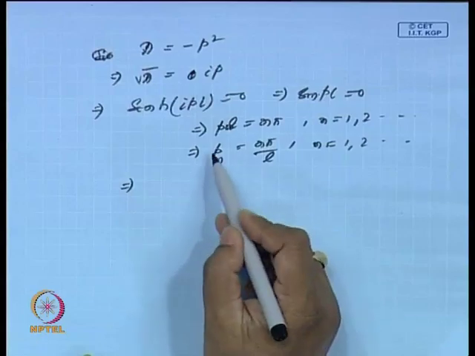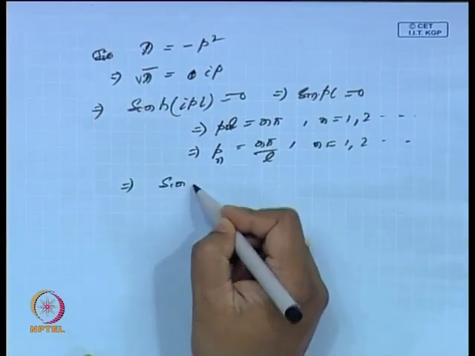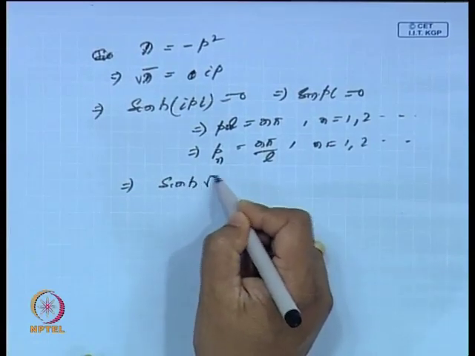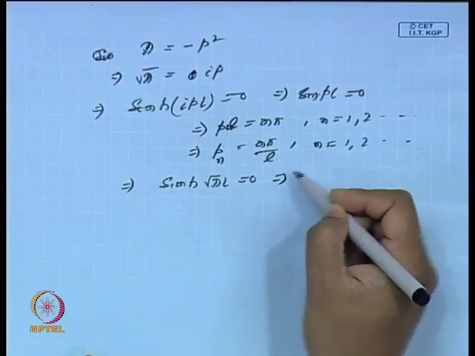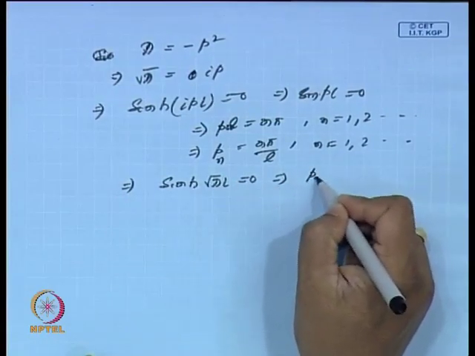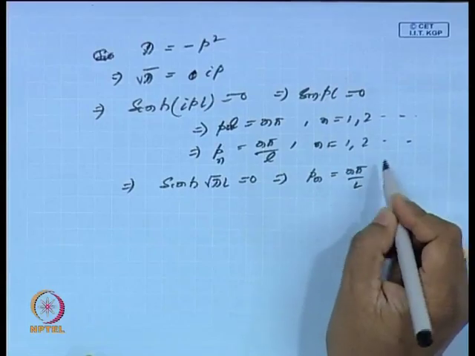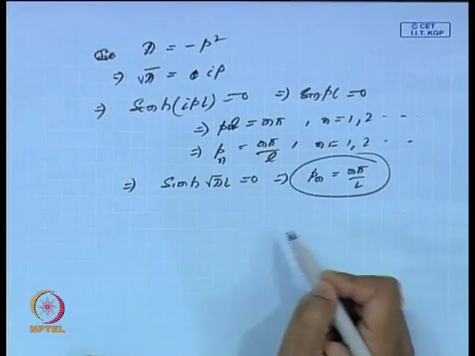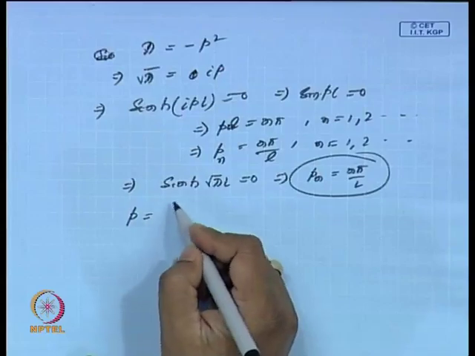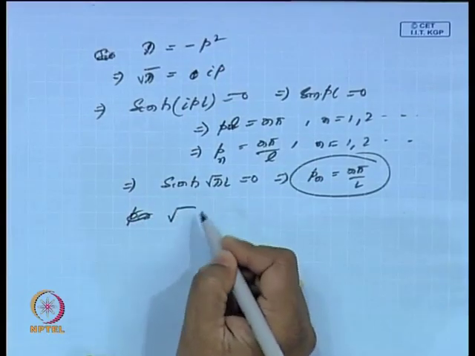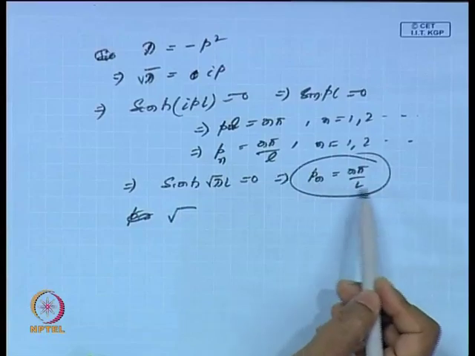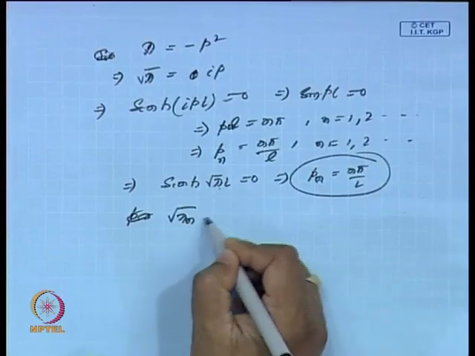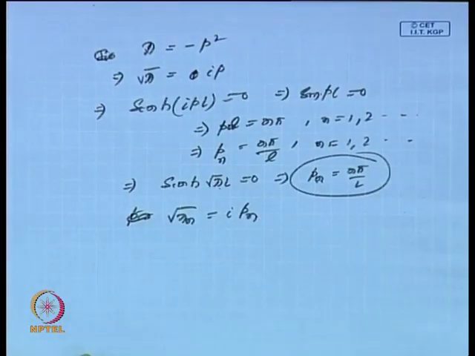So, sin hyperbolic root lambda L is equal to 0 implies p n is equal to n pi by L. For each p n I will get a lambda, so I call this corresponding lambda n. So, root lambda n is I p n.